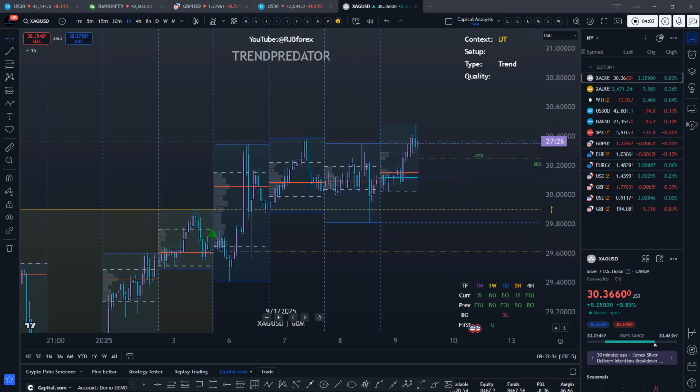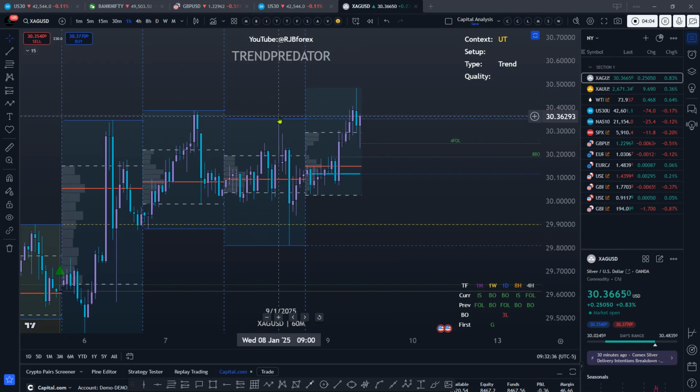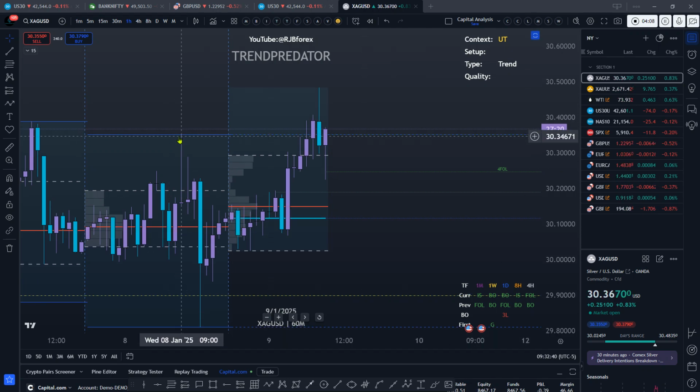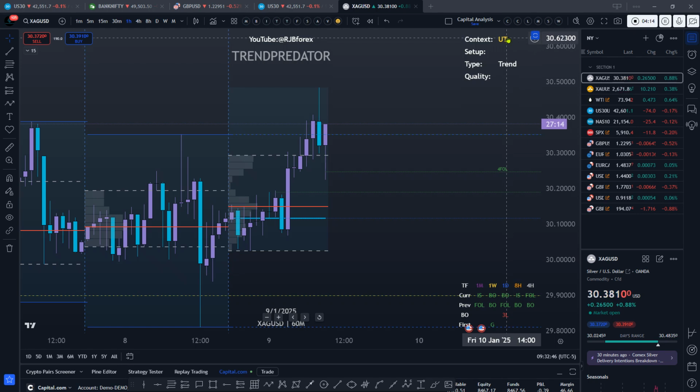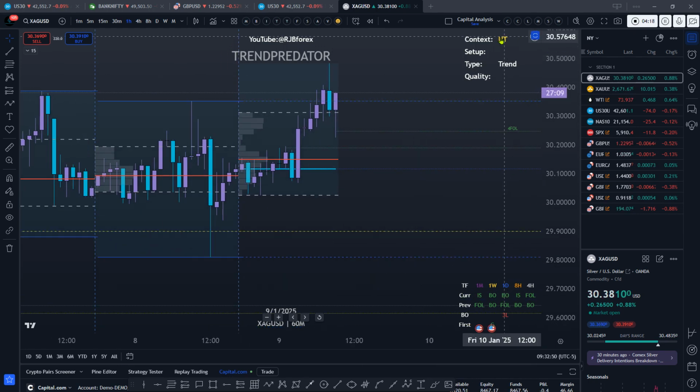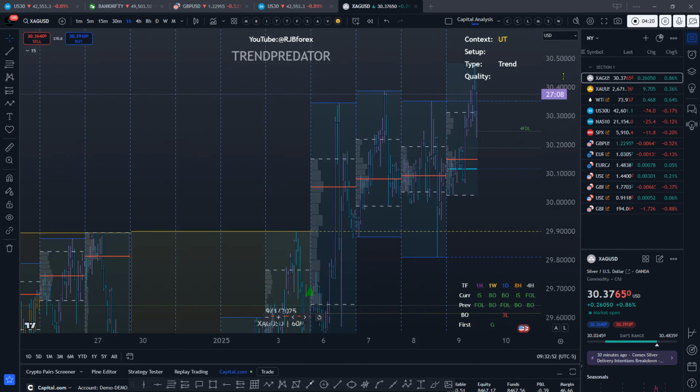So we are in an uptrend. Now, that all depends on how the price behaves in real time around yesterday's high. Above yesterday's high, we are still in the uptrend. Below yesterday's high, it is a reversal into the uptrend.